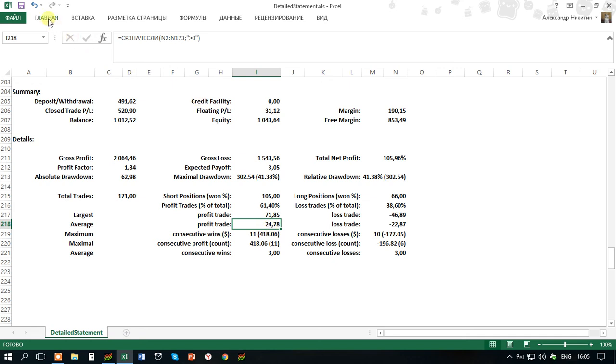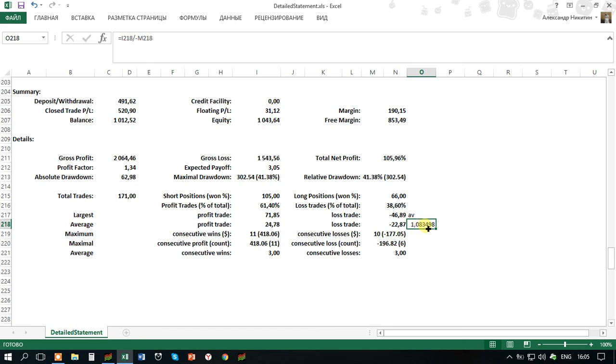But why didn't it change that radically? I don't understand this. Okay, let it be. So the average risk to reward equals average winner divided by minus average loser. I just multiplied it by minus because I don't want it to be negative.